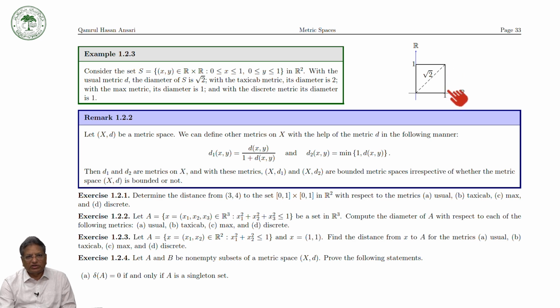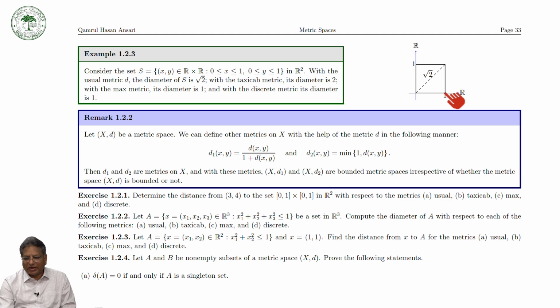So with respect to the taxicab metric, the diameter of this set is 1 plus 1, which is equal to 2. Okay, with respect to the max metric, d(x, y) is equal to the maximum of mod of (x1 minus y1), mod of (x2 minus y2).